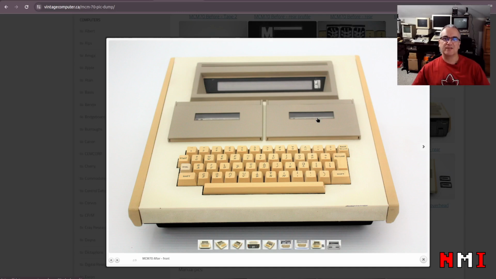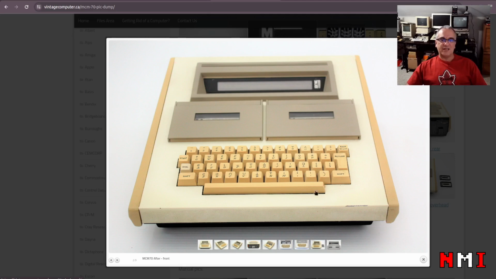That's pretty amazing. Another very distinct feature of the MCM 70 is the keyboard, right? And we're gonna take a look later, but this keyboard looks similar to what we are used to.